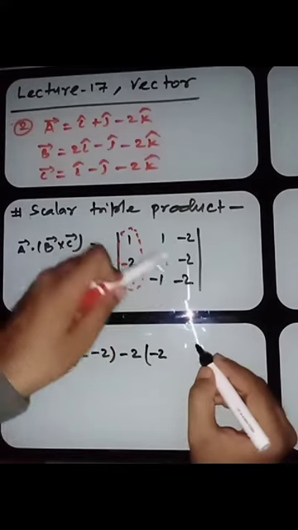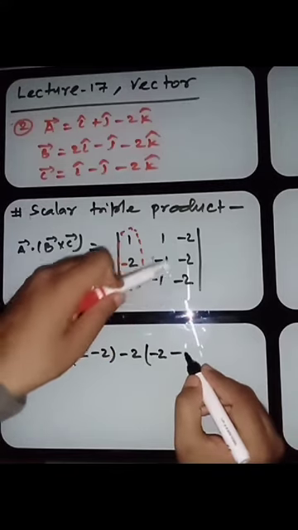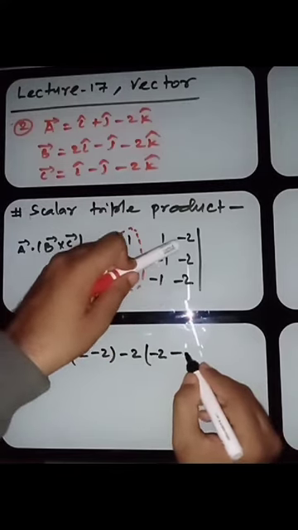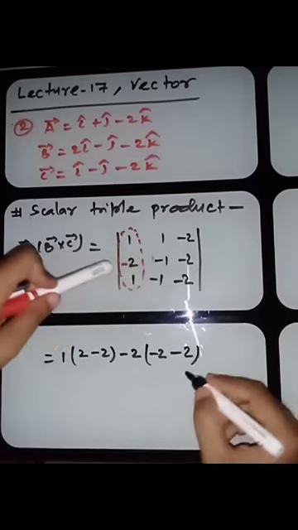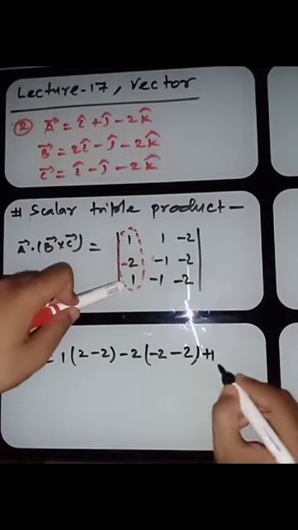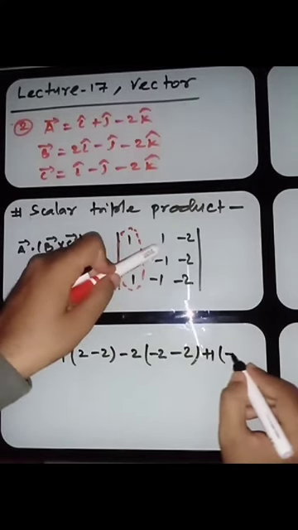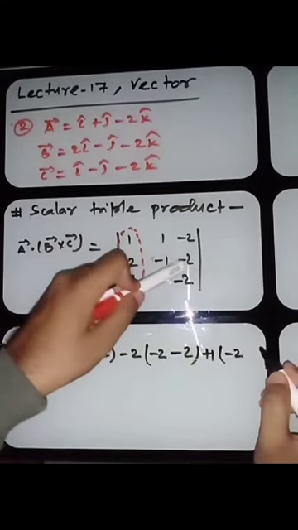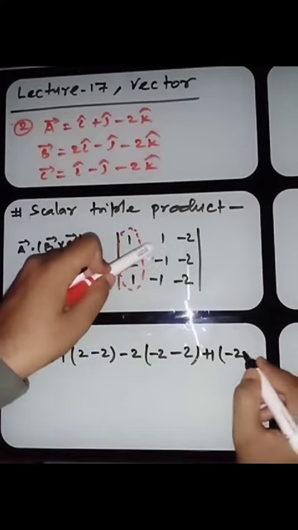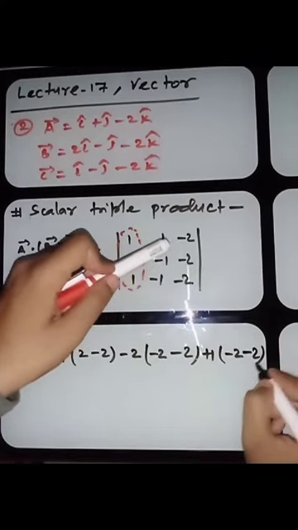All right, minus 2 and minus, and it is plus 2. Now the third one, it is the plus 1. The plus 1 is split this way, minus 2. You can see the minus 2, and in the formula it is minus, and it is 2.